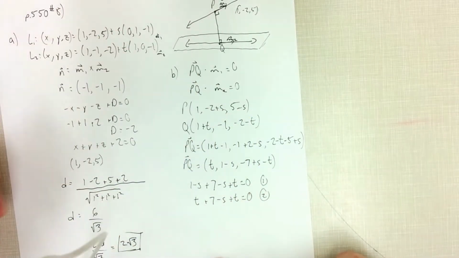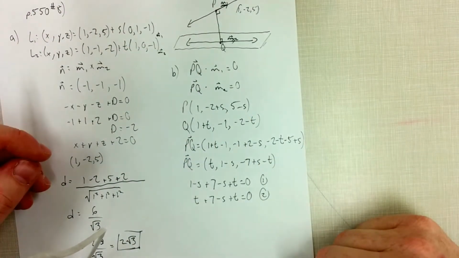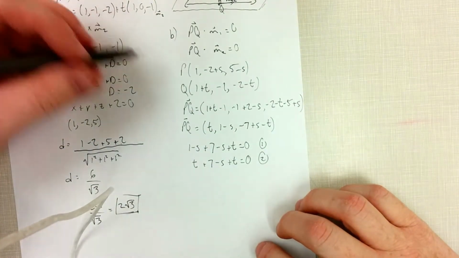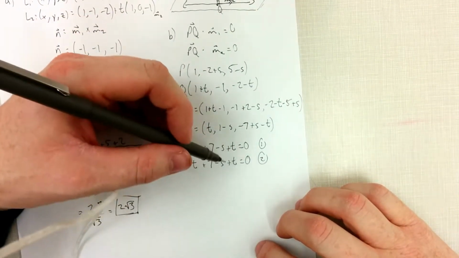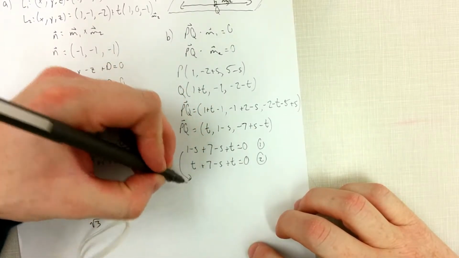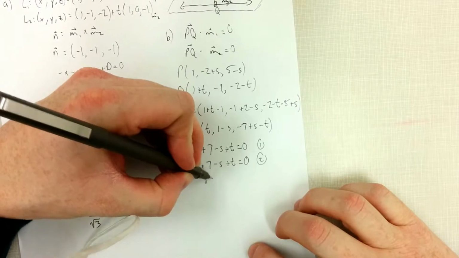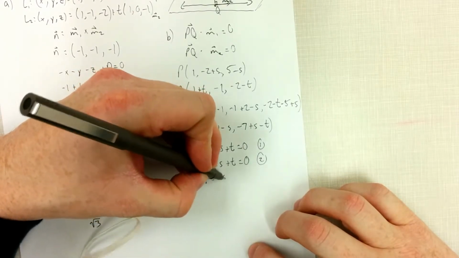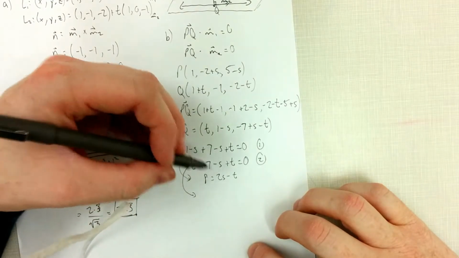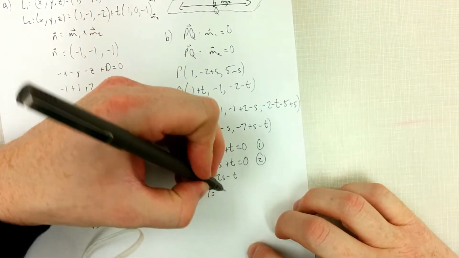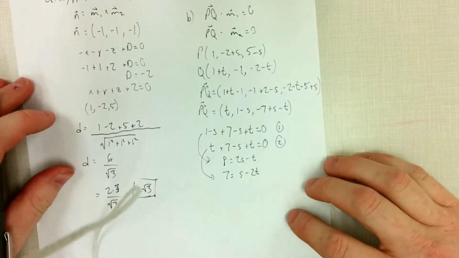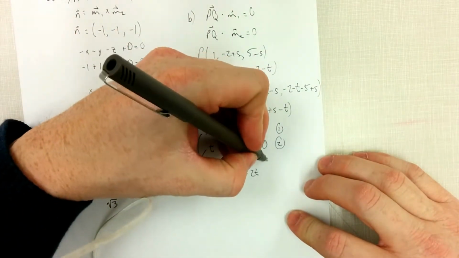That'll be my equation 2. So 2 equations, 2 unknowns. I should be able to solve this. I'll simplify them real quick. From the first equation, I'll get 8 equals 2s minus t, and from this equation, I'll get 7 equals s minus 2t. I'll just call those 3 and 4.